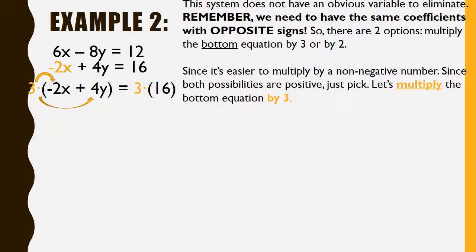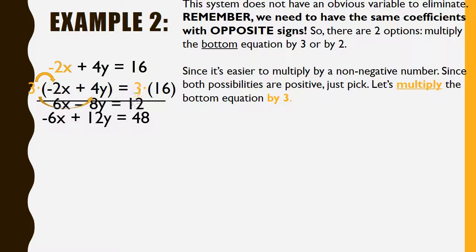So after I multiply my 3 to everything there, I get a negative 6x plus 12y equals 48. So now we have two equations that have a variable with the same coefficient but opposite signs.